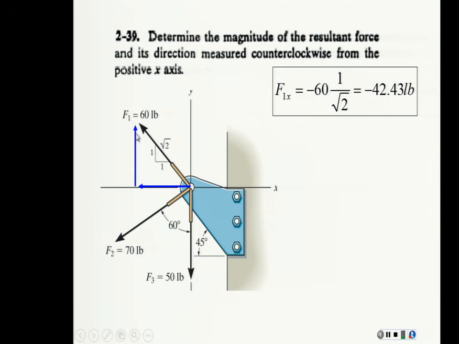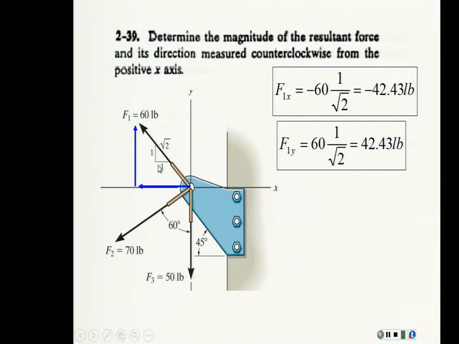Now this one here, what is it going to be? No, it's not the same. Why is it not the same? Well, it's 1 divided by square root of 2 multiplied by 60. Yeah, but it's positive. It's positive because it's pointing in the positive direction of the y-axis. Good. Now, what about F2? Well, F2 has this component, which is also negative.